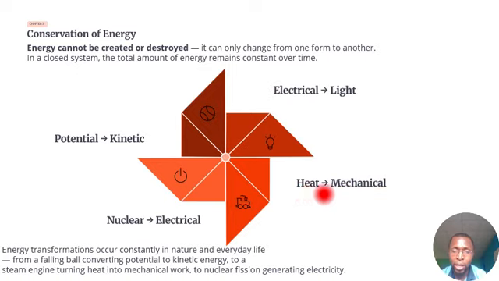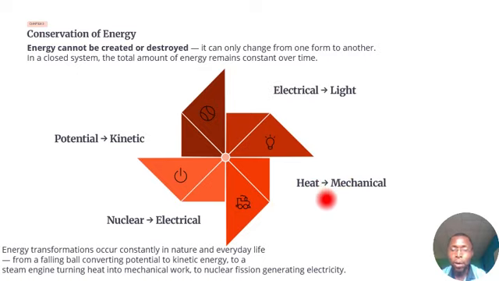So we can say in this case that we make use of nuclear. We call it a nuclear reactor, or nuclear generator. Then we have the nuclear to electrical direct. This one makes use of a nuclear reactor and a turbine together, so two devices are combined here.